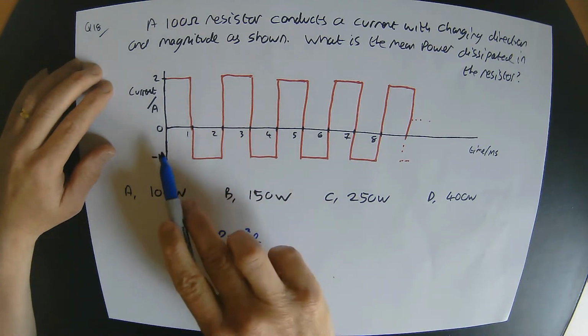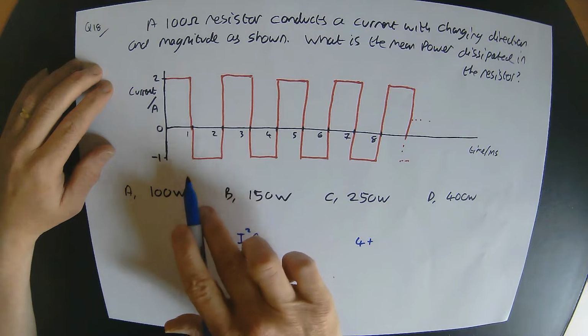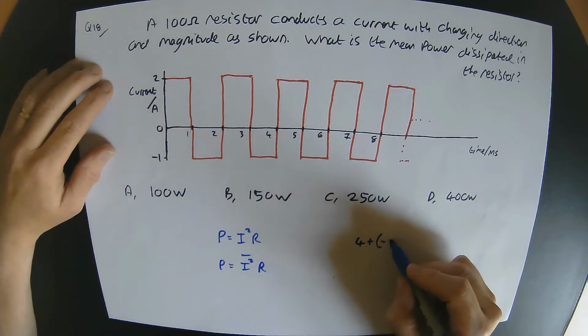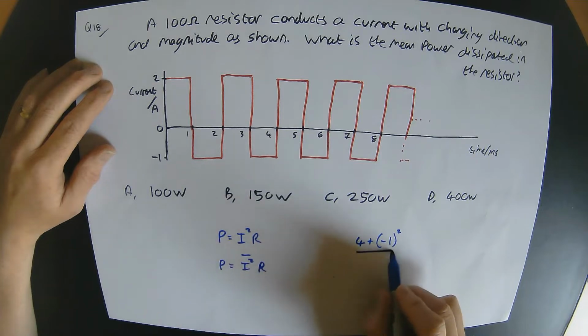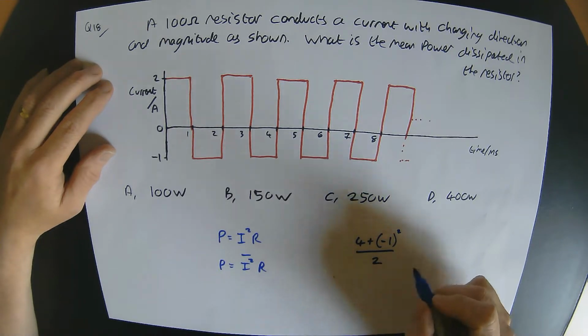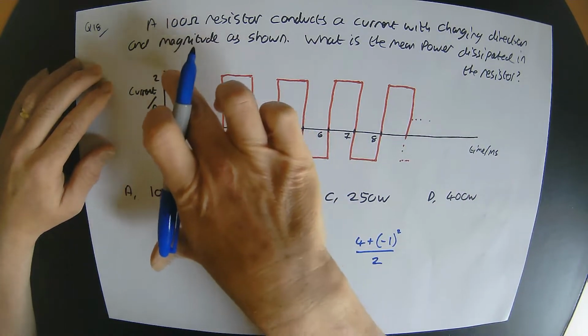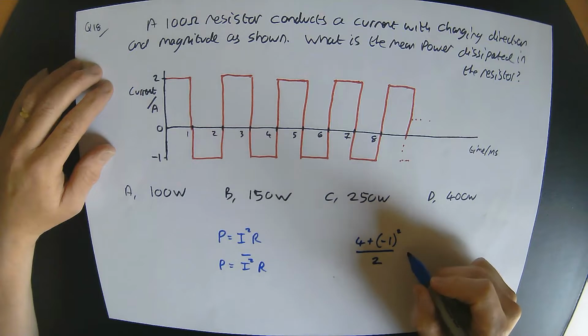Well, I squared for the first millisecond is going to be 4. I squared for the second millisecond is going to be minus 1 squared, which is just plus 1. And that's going to be the power over 2 milliseconds. And that means that we could do it for the whole period, but once it's been through that one cycle, the average power is established.